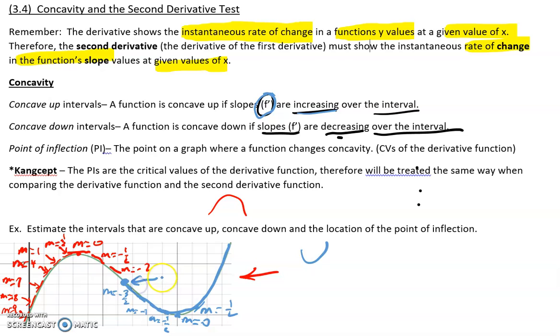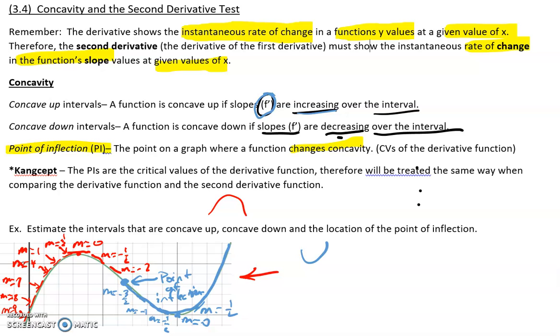This point right here is called a point of inflection, where the graph changes from decreasing slopes to increasing slopes or vice versa. That is called a point of inflection, and that definition is right here. A point of inflection is the point on the graph where a function changes its concavity. Okay?